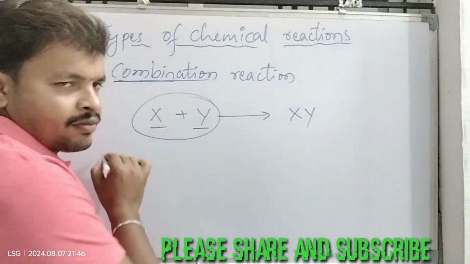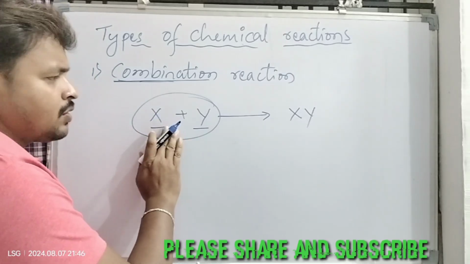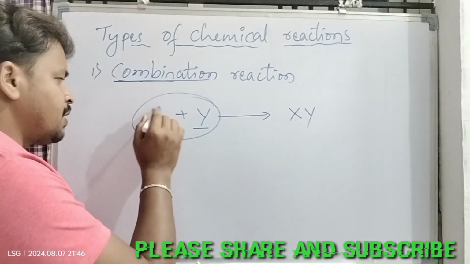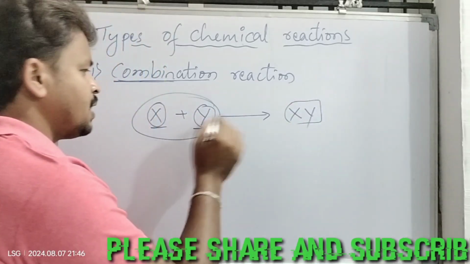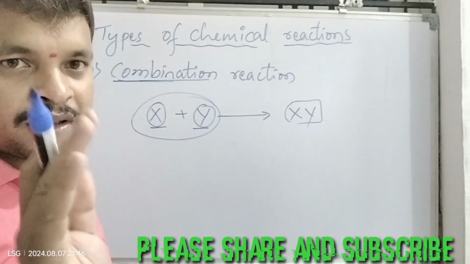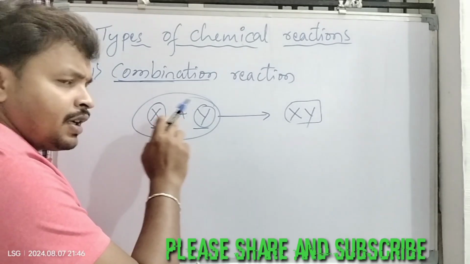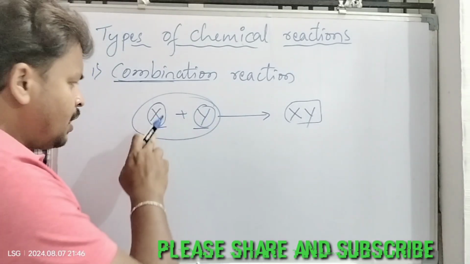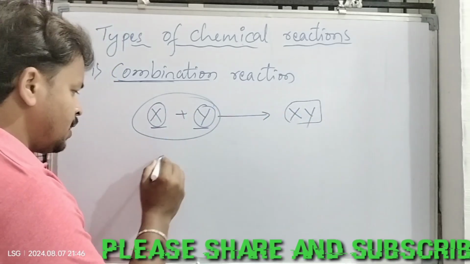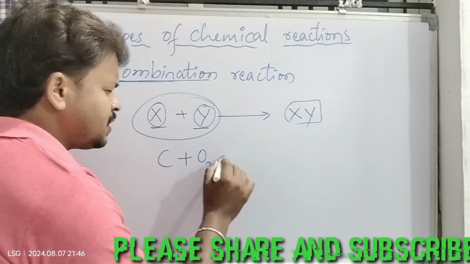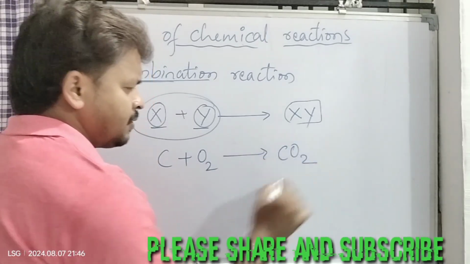This is not a real chemical equation. I have just given an example by taking XY. There is no element or compound XY in chemistry, please note that. It is an example to show you that 2 substances are combining to form a single product. For example, carbon reacts with oxygen to give carbon dioxide.